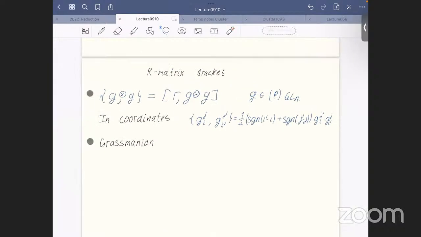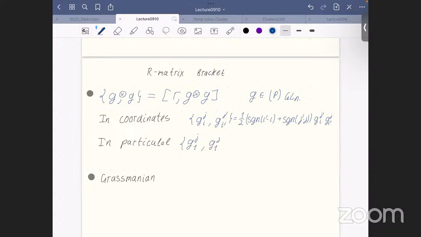So in particular, if one of the indices is the same, for example, we compute the bracket of the matrix elements on the first row, then this sign I' minus I is equal to 0. And hence only the second sign remains, and we get 1/2.